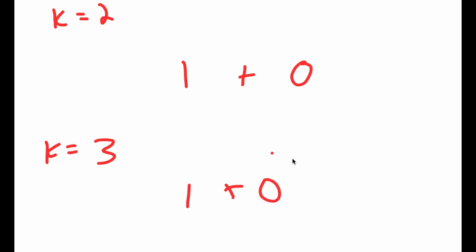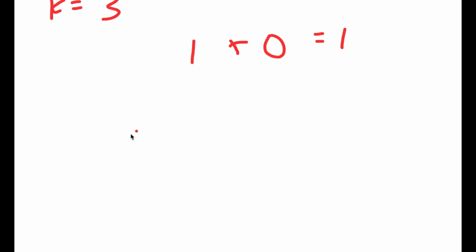So this pattern continues, and it keeps on equaling 1 no matter what value of k we use. So we can say that e to the power of i times 2k pi is equal to 1 no matter what value of k we have.